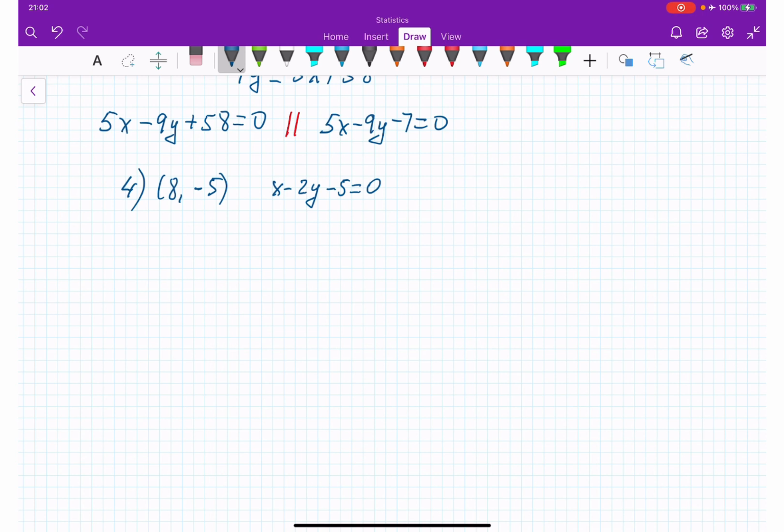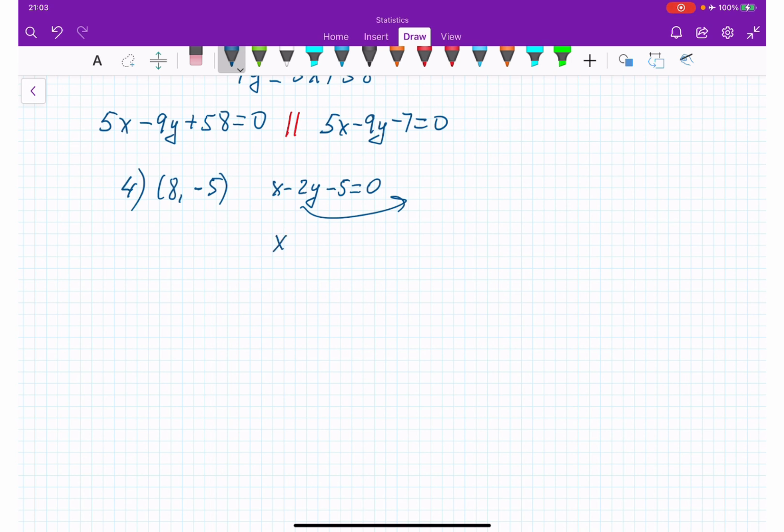First of all, we need to write it in the slope-intercept format. Since I have negative 2y, I'm going to move negative 2y to the other side to get positive.